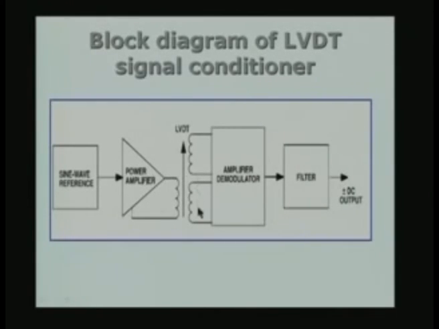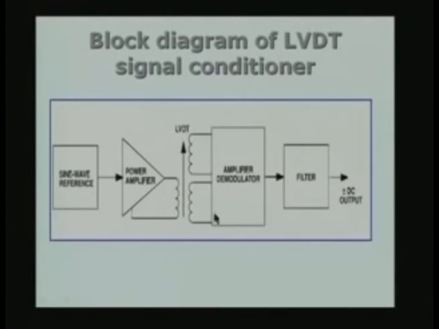Then the LVDT itself has got two coils, and we are going to amplify and also demodulate the signal, because the signals which are going to come out, V1 and V2, are AC signals, so I am going to demodulate. Later on we will see how demodulation is done. I will just give one or two simple ways of doing it.